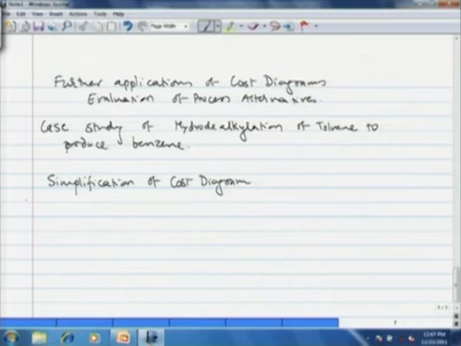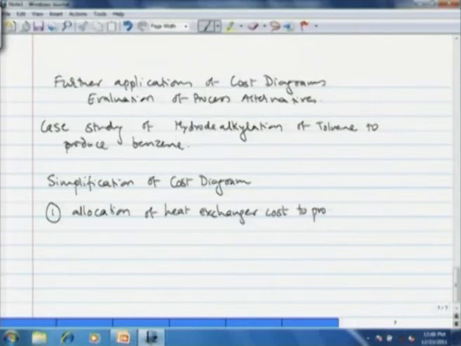Now to simplify the cost diagram, we use 3 means. First means is allocation of the heat exchanger cost to the process streams. Then second is to lump the costs associated with neighboring processing operations.